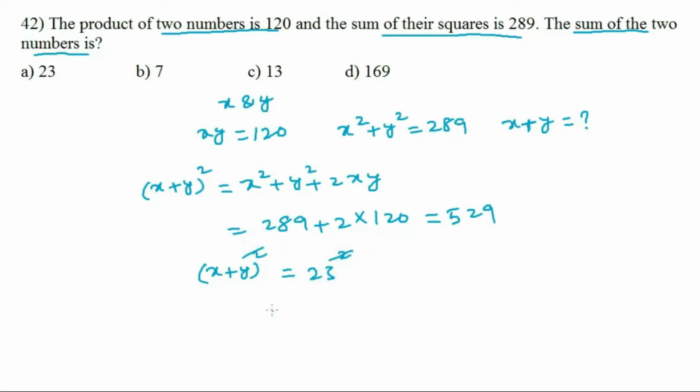Square cancels, so x plus y equals 23. The sum of the two numbers is 23. Option A.